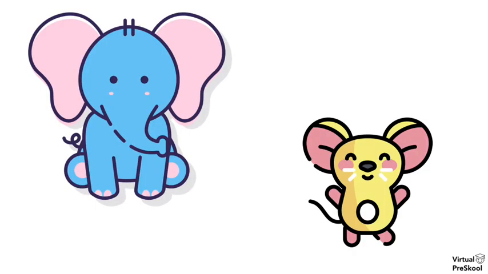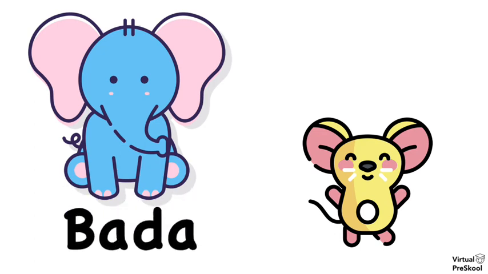So if we wanted to say the elephant is big, we would say elephant bada hai. Elephant bada hai. All right? So we're not going to practice with the Hindi words for the animals right now because there is a Hindi word for elephant, but we're just going to practice elephant bada hai right now.